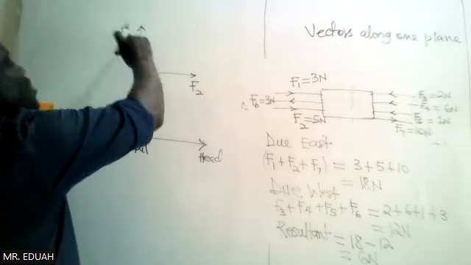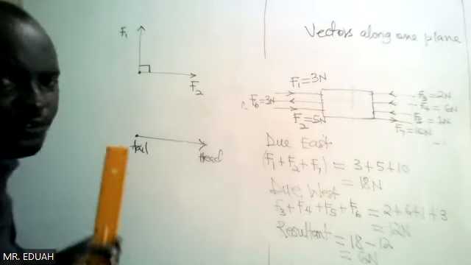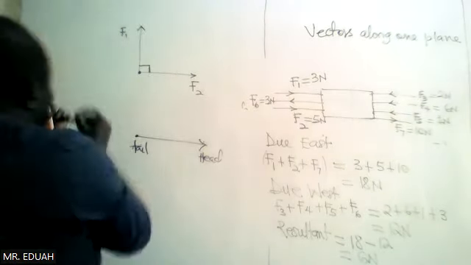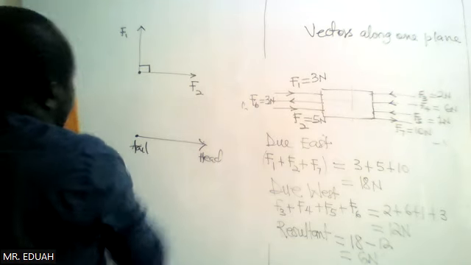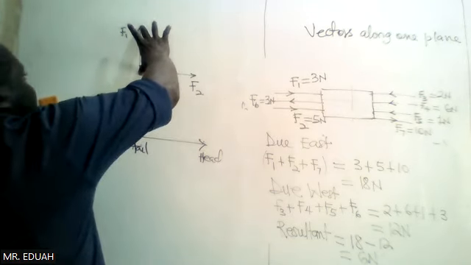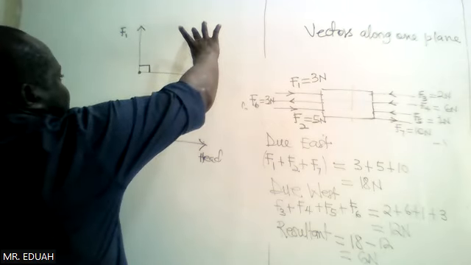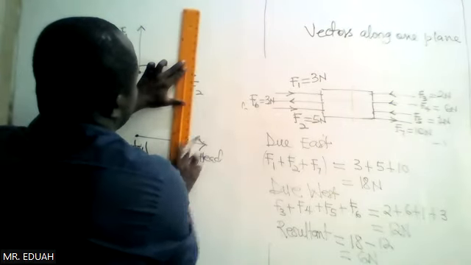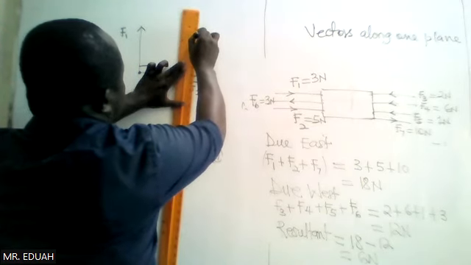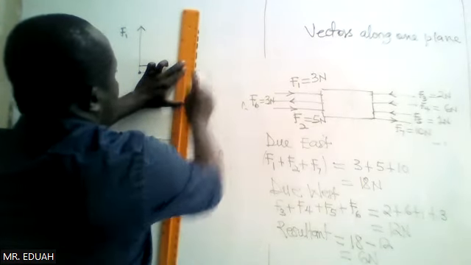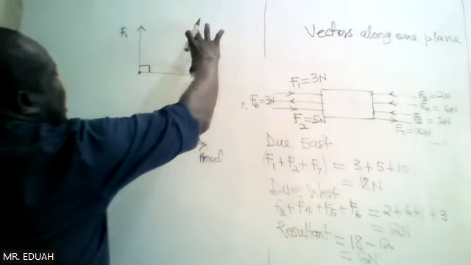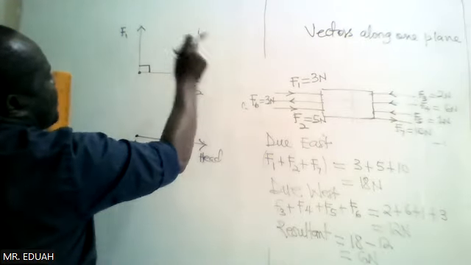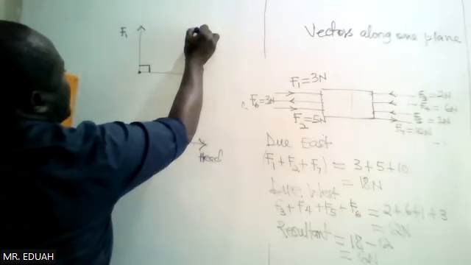If the magnitude of F1 from here to this point is x centimeters, I have to get the same thing, drawing a vector from the head of this to this one. So if this is x centimeters, this is also x centimeters. Then the directions of these two must be the same. This is going up, and so this must also go up.